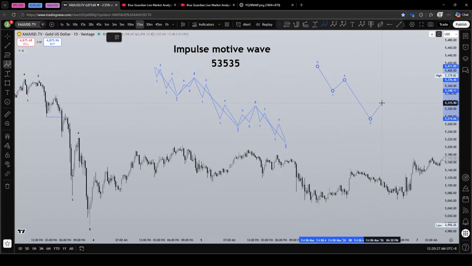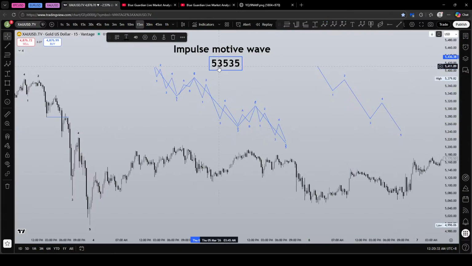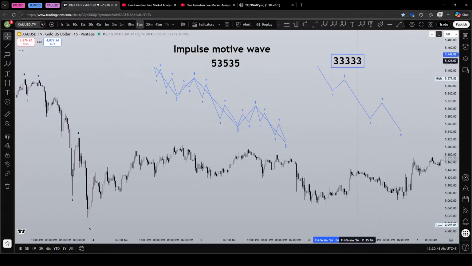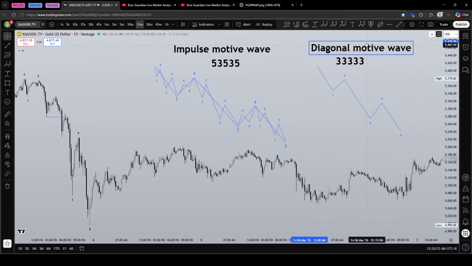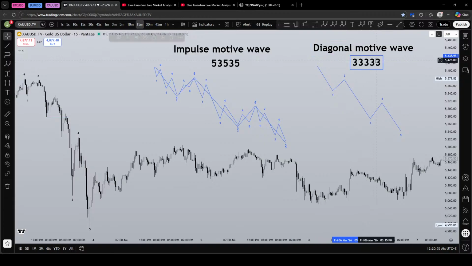diagonal motive wave. And what is this diagonal motive wave? Instead of 5 3 5 3 5, the structure becomes 3 3 3 3 3. And this type of motive wave is what we call the diagonal motive wave. Now, based on the structure, when we say motive wave, we are referring to five waves.